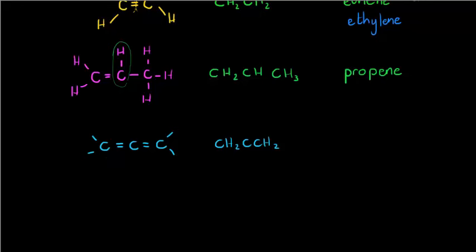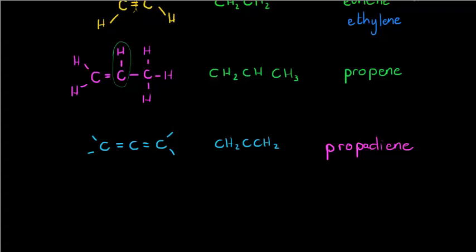This one is called propene. Now, this would be an acceptable name because that is applying the rules, but because it pronounces slightly odd, it's rather pronounced as propadiene with an A there.